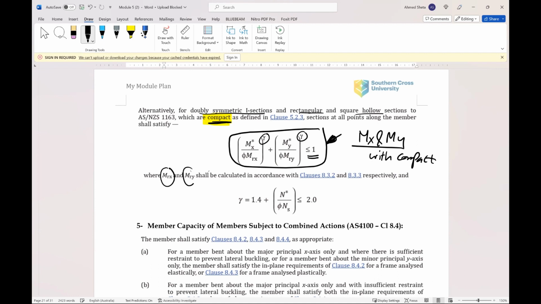Where Mrx and Mry we have calculated earlier, and gamma is 1.4, plus N star over phi Ns, and should be less than or equal to 2.